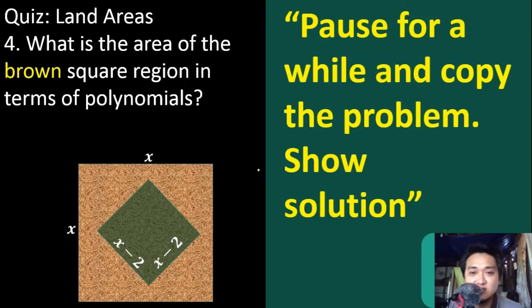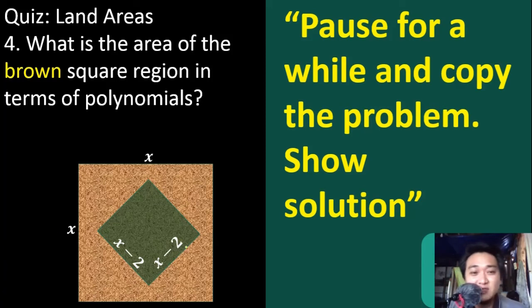The last but not the least, the last problem that you are going to answer at home. In this illustration, what is the area of the brown square region in terms of polynomials? You have here a green region, which I think is a square because its dimension is x minus 2 and x minus 2.